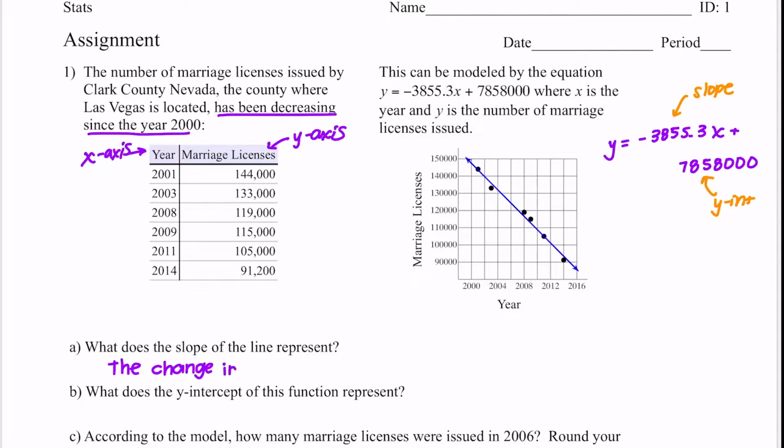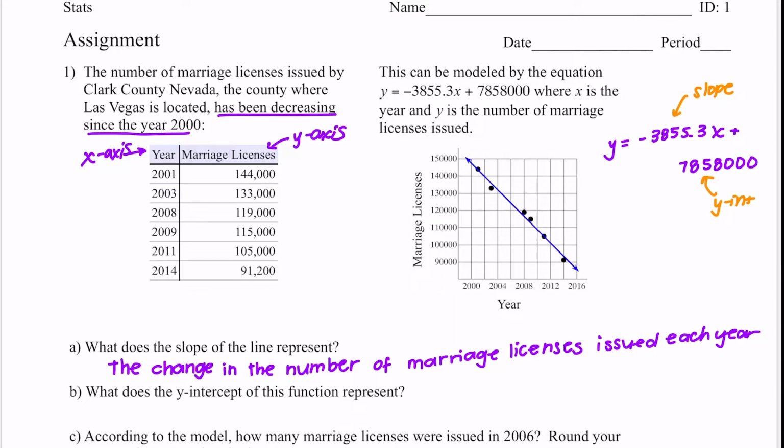Because we know that it's decreasing, we see a negative sign in front of the slope number. You don't have to write down what the slope number is, you just have to write the meaning of the slope. Okay? So the slope represents the change in the number of marriage licenses issued each year.